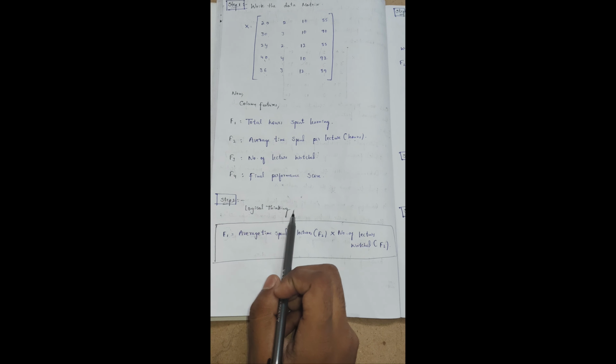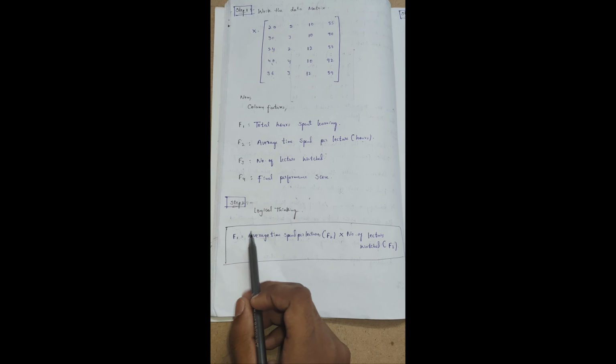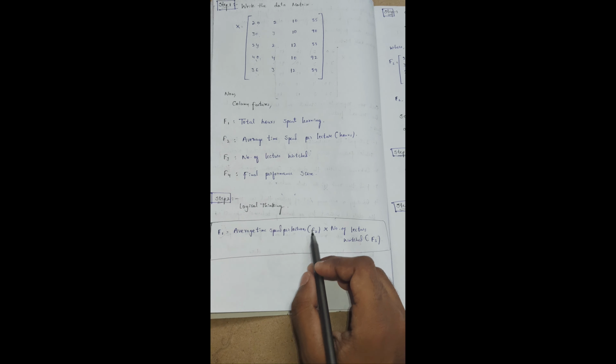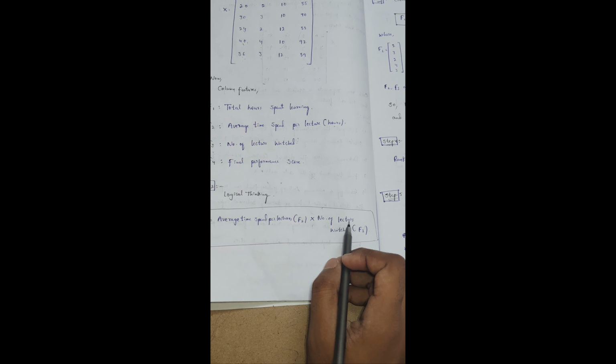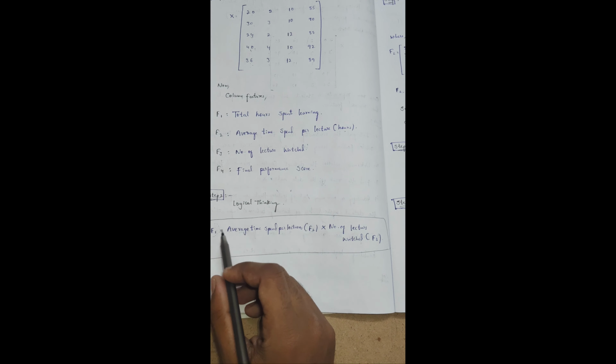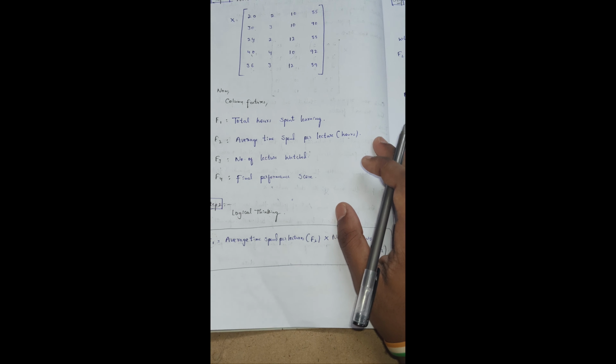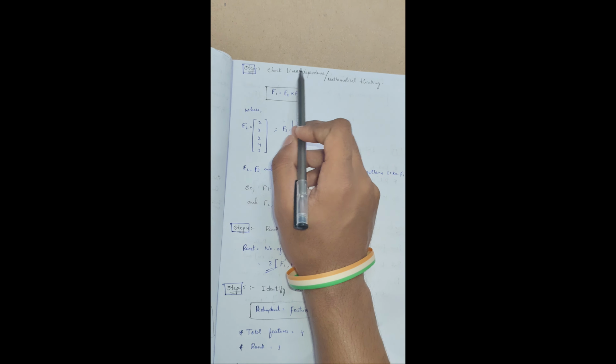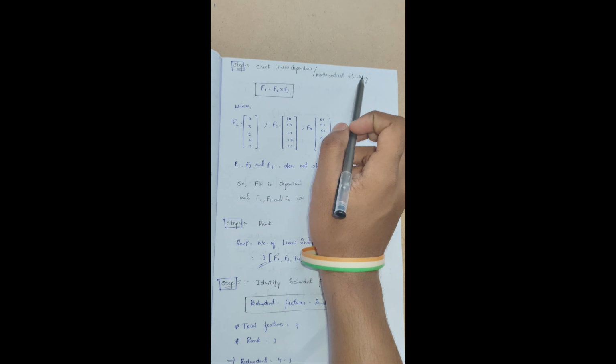Step 2, logical thinking. F1 equal to average time spent per lecture, that is F2, into number of lectures watched, F3. By multiplying F2 and F3 we will get F1. This is logical thinking. Step 3, checking linear dependency, or mathematical thinking.